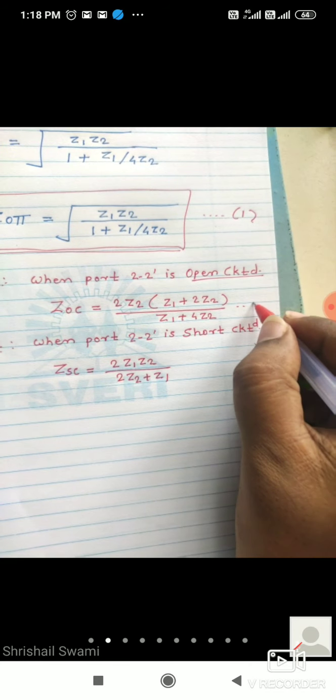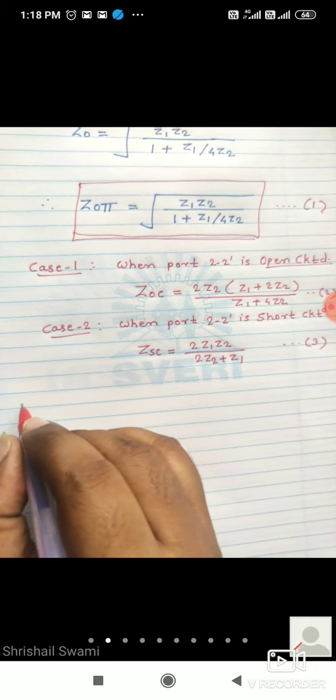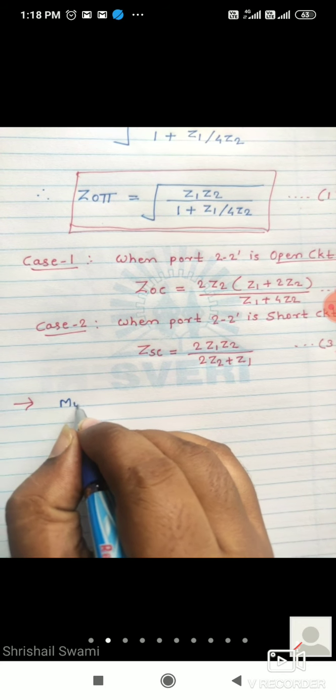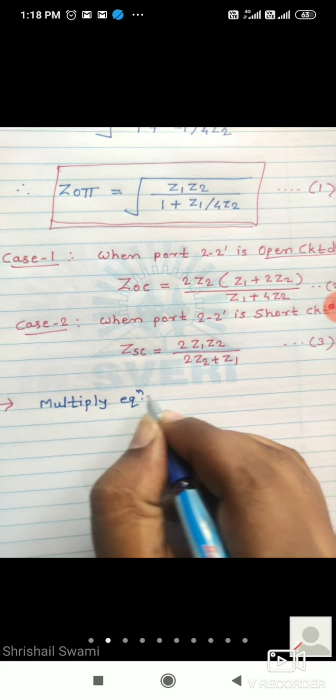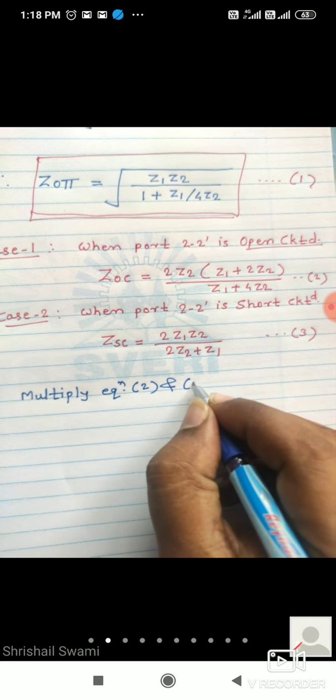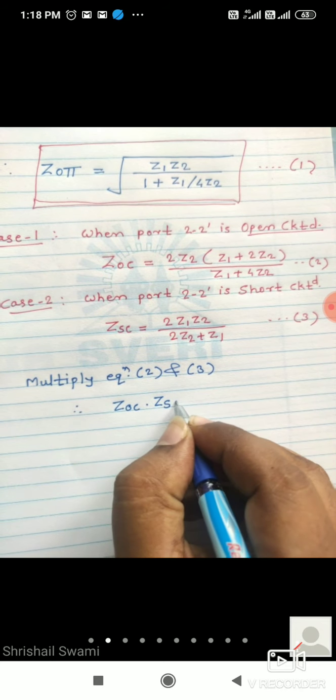Okay, now this is equation number 2. This is equation number 3. So multiply equation number 2 and 3, that is ZOC into ZSC.